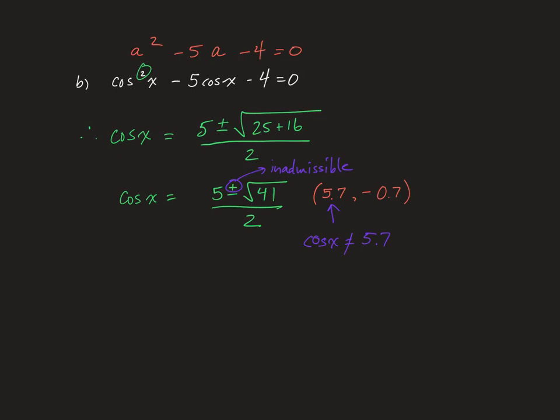I want you to notice that I didn't mark that as no solution. It's that I can't accept that positive. Now I take a look at the other. I can accept the negative. I am totally fine, and I actually like it that my cos x is equal to negative 0.7. So I can accept the negative case.